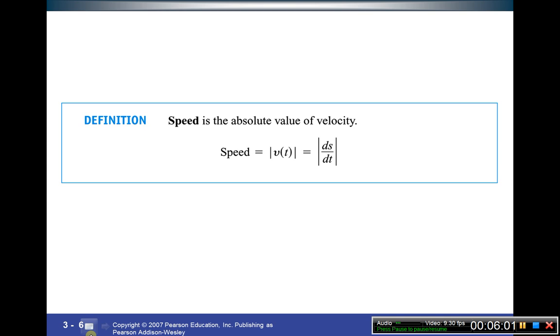Now we're going to define what we call speed, and we call that the absolute value of the velocity. That's really how fast you're going, whether you're going forward or backwards. So if you're headed north of Swainsboro at 100 miles per hour, your velocity is 100 miles per hour.